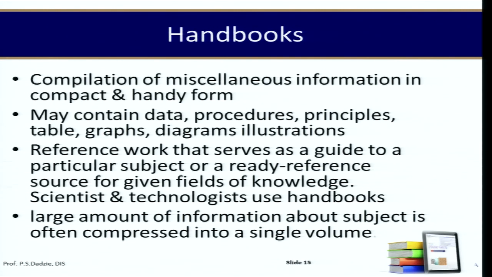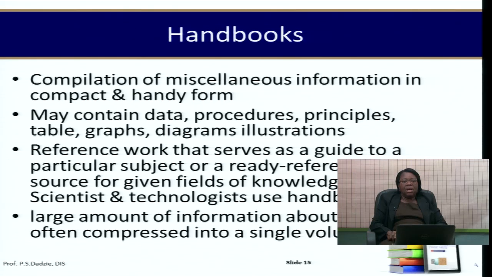Another fact source which you should know about is a handbook. Now, these handbooks are compilations of miscellaneous information, usually in very compact and handy form, and they may contain data and procedures and principles and tables and graphs. These are very useful for the scientists and for the technologists. Usually when you go to the doctor's office, you find their handbooks there.